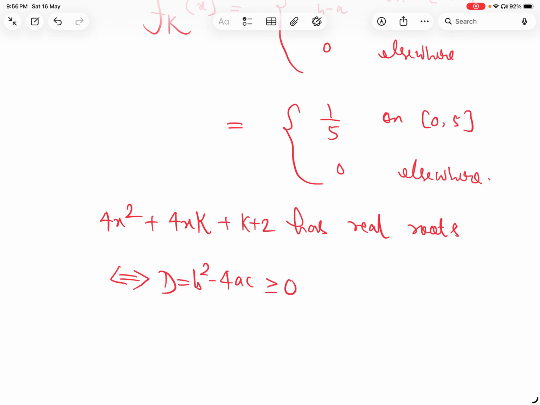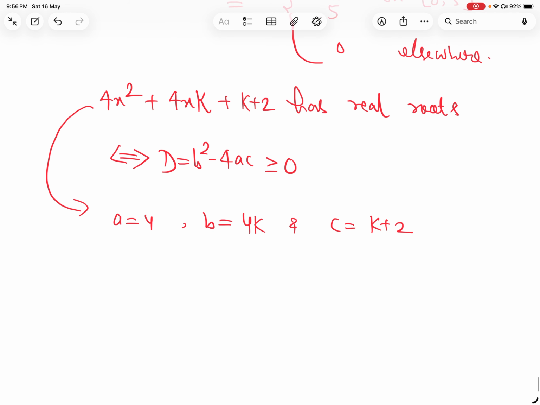So what are a, b and c here? a is 4, b is 4k, and c is k plus 2. So b² minus 4ac should be non-negative.